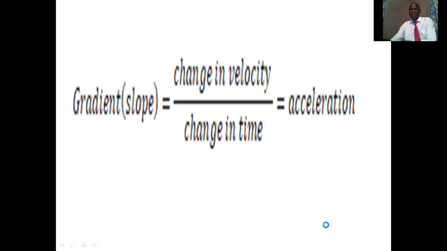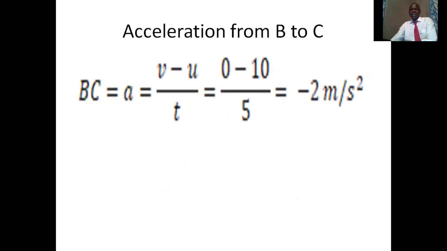Therefore, to calculate the acceleration between B and C, acceleration is equal to final velocity minus initial velocity over time, which is 0 minus 10 over 5, which gives us negative 10 over 5. This gives us negative 2 meters per square second. So this is a negative acceleration.